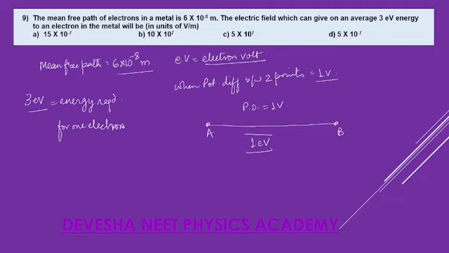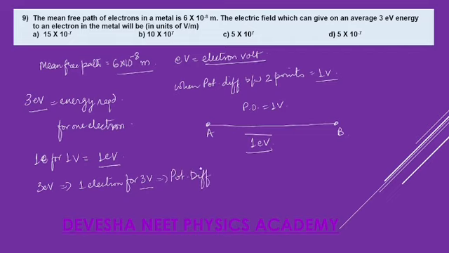So normally for 1 electron, for 1 volt, this is equal to 1 eV. Okay, so then it means if it is 3 eV, then for 1 electron, the potential difference is equal to 3 volt.